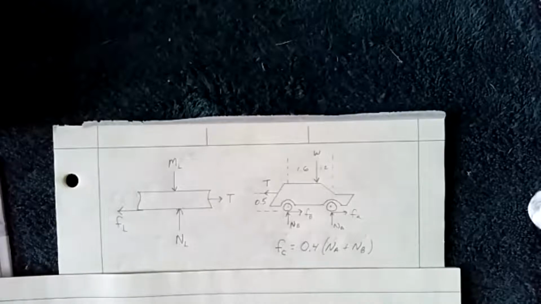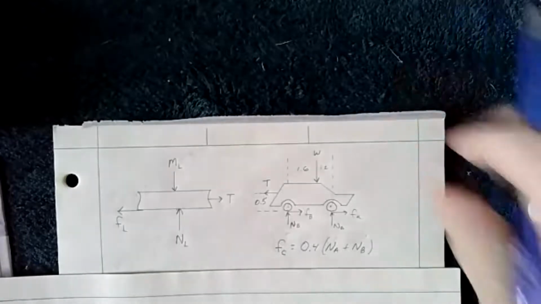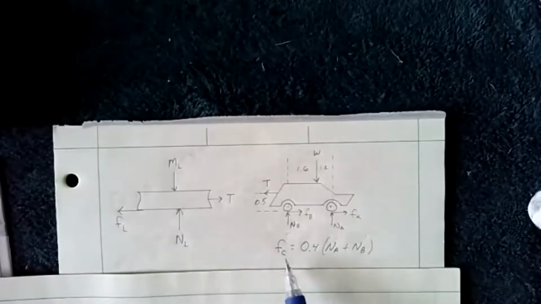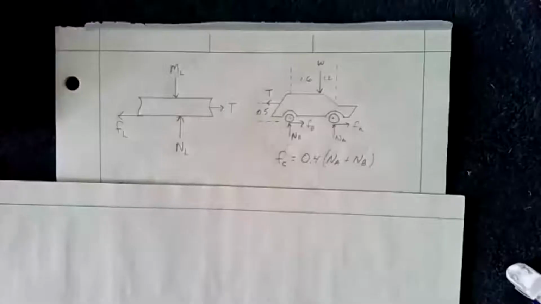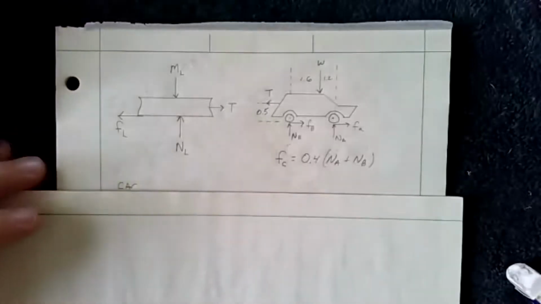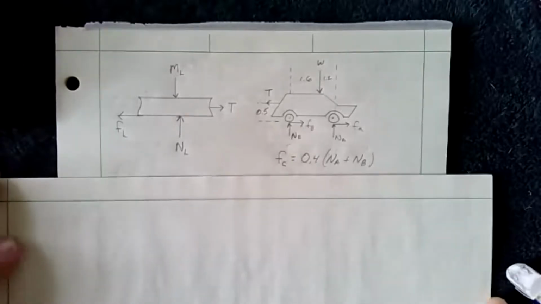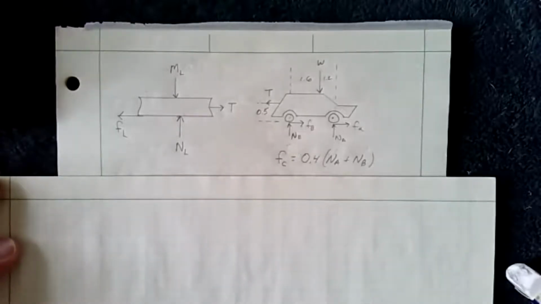So we have this. Now we know that our force of friction is going to be 0.4 times the normal force A plus B. The first thing we need to figure out is, is this thing going to tip?